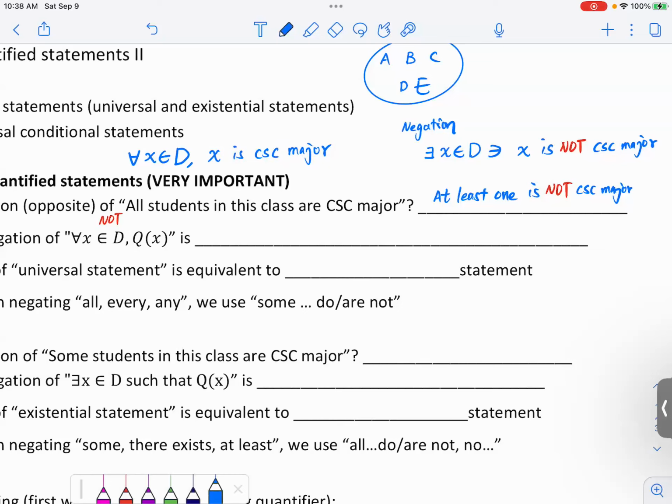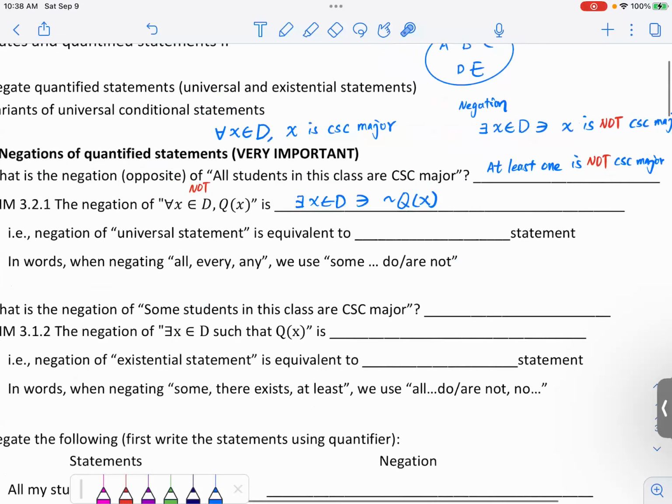Therefore, I'm going to write the negation of for all x in D, Q of x. This is our Q of x in this particular example. It will be there exists x in D such that not Q of x. We have to negate the Q of x. So this is theorem 3.2.1, how to negate a universal statement.